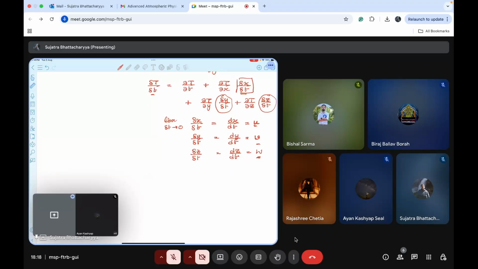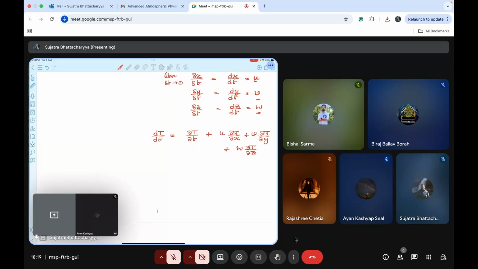Finally, if I take the limit delta t tends to 0 on the left hand side, you get the total derivative, that is the total rate of change of some quantity T with respect to time, which can be written as the partial derivative of T with respect to time, plus u times partial T partial x, plus v times partial T partial y, plus w times partial T partial z. Let me go one step further.